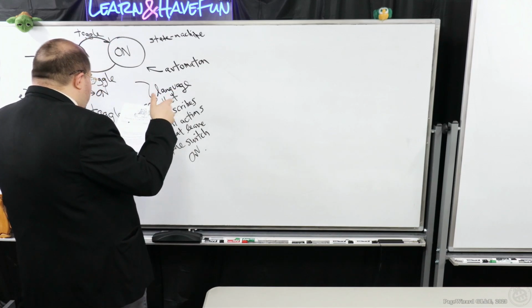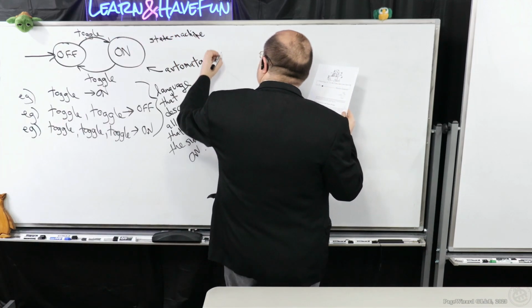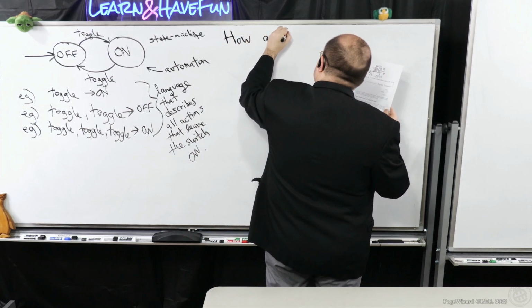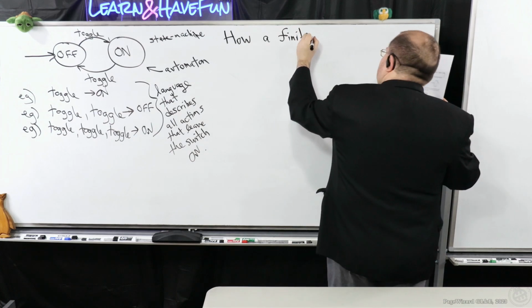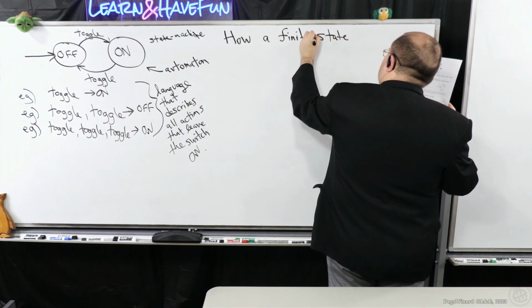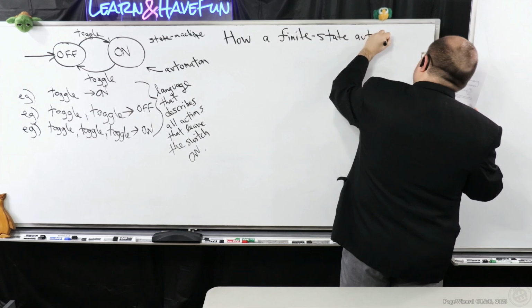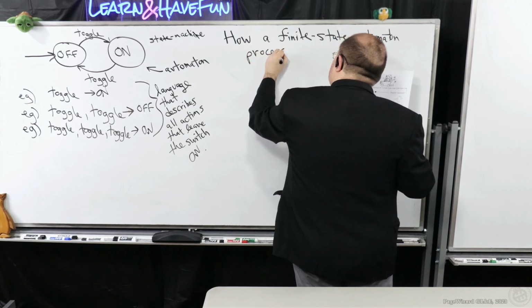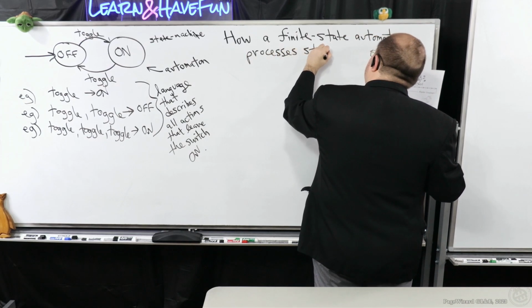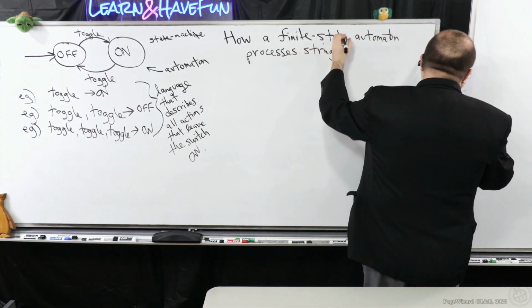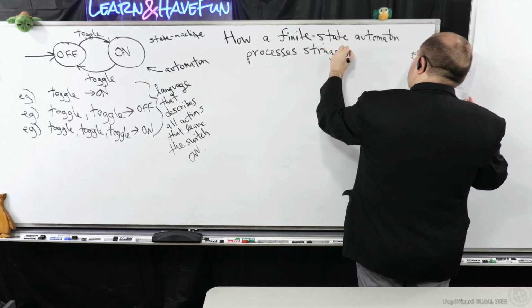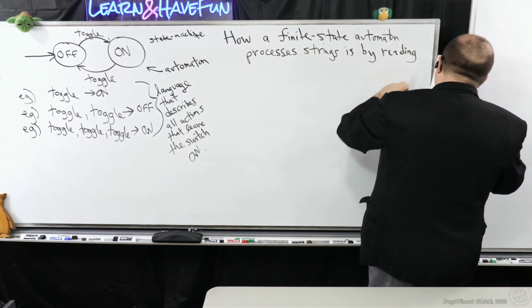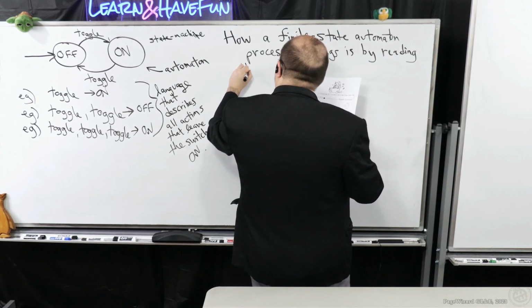So let me describe this for you. So how a finite state automaton processes strings is by reading the input string.